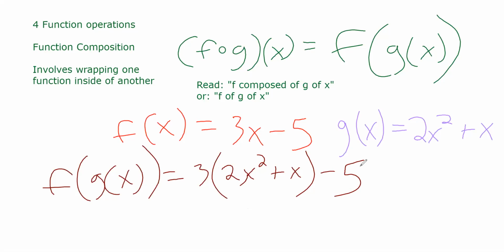And now we simplify that, combine like terms if there are any. We find that we can distribute the 3, so we get 6x squared plus 3x, and then this minus 5 over here didn't have the 3 attached to it, so it's just minus 5.